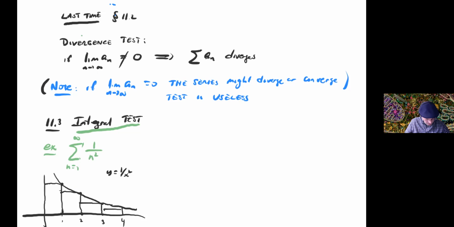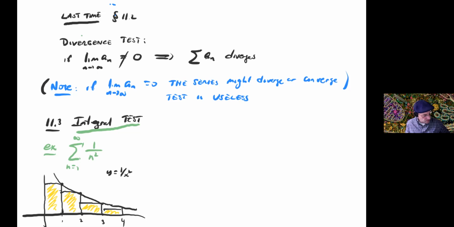Let me fill in the rectangles. And so the sum of the series, if it converges, is less than or equal to the area under the entire curve. So if the area under the curve is finite, which it is, we saw that back in improper integrals, it should be true that the sum of the series is finite. That is, the series should be converging.